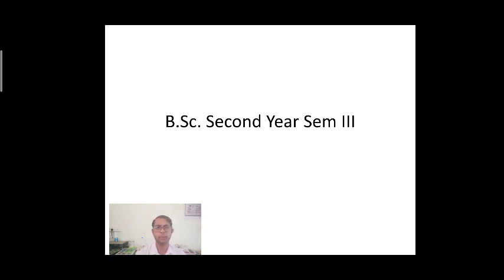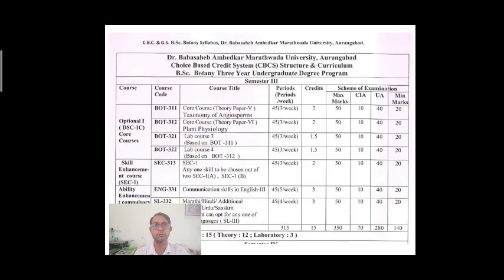Now, as we know, there will be two theory papers included in your syllabus in semester 3. So there will be two groups or two theory papers, that is taxonomy of angiosperms and plant physiology, having 45 lectures and 2 credits, along with maximum marks of 50 for each paper.